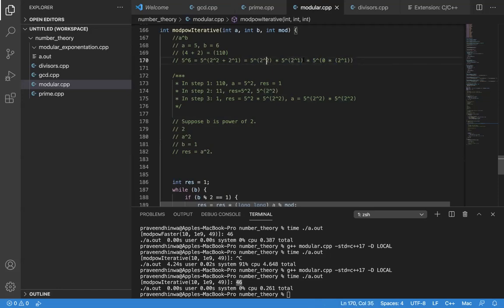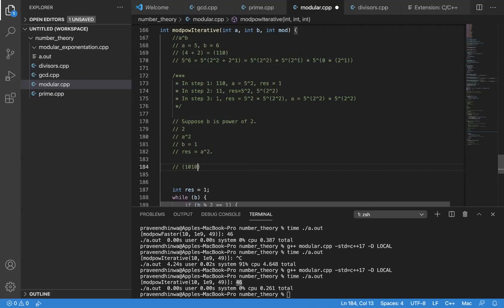Whenever you encounter a 1, you multiply the corresponding value into your answer. It's not that hard to get.